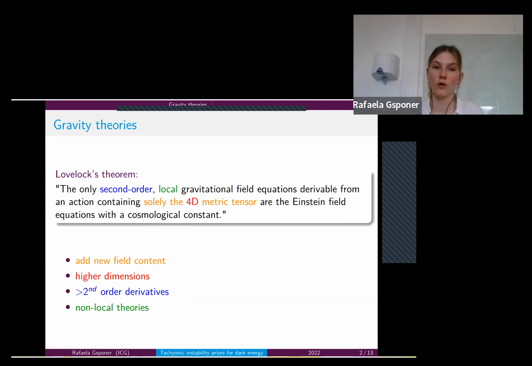So if we want to go beyond GR, we have to break one of these assumptions of the Lovelock theorem. Either we add new field content, or we assume higher dimensions, or we take into account second order or higher derivatives of the equations of motion, or look at non-local theories.